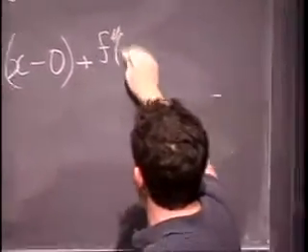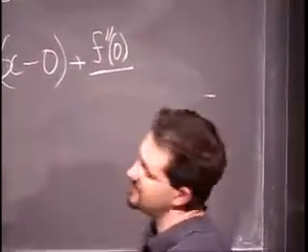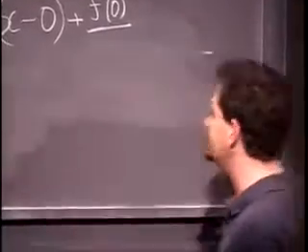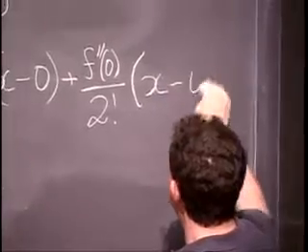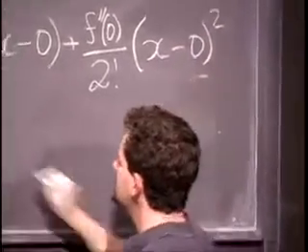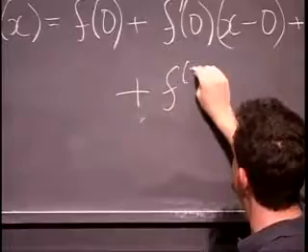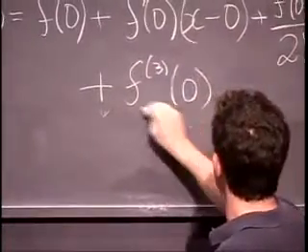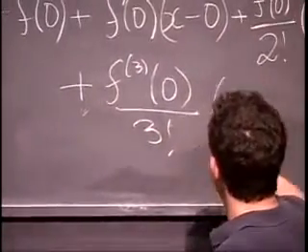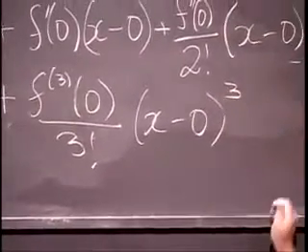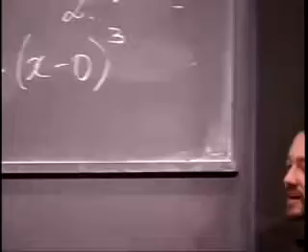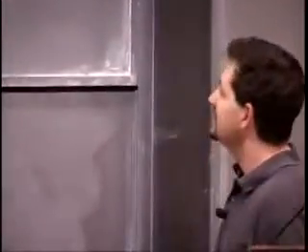Plus the second derivative, I'm substituting on the fly a equals 0. That's what I meant to say. The second derivative times x minus 0 all squared, plus the third derivative over 3 factorial times x minus 0 all cubed. That's the definition of P3 of x, and I simply replaced a by 0.